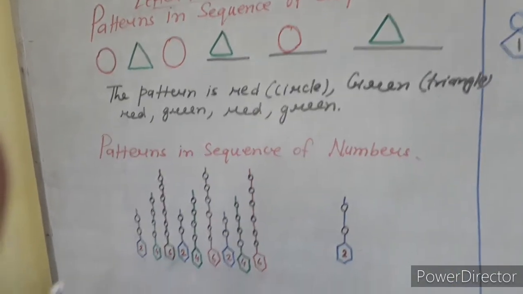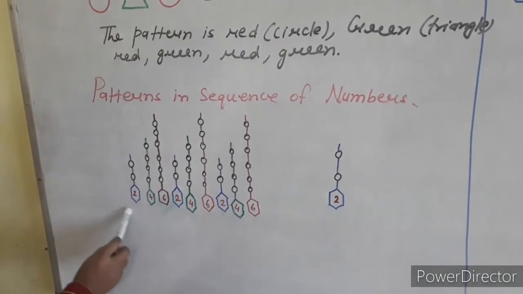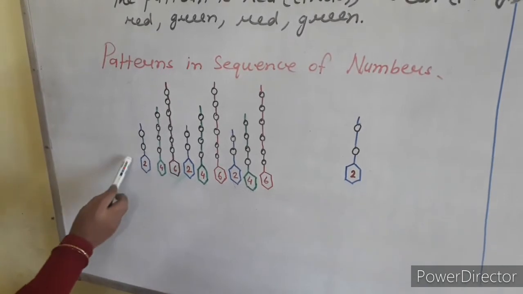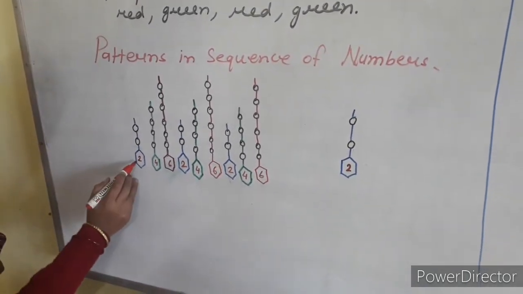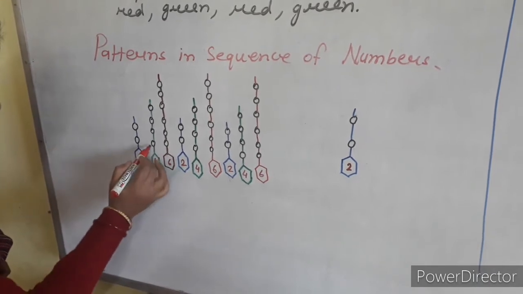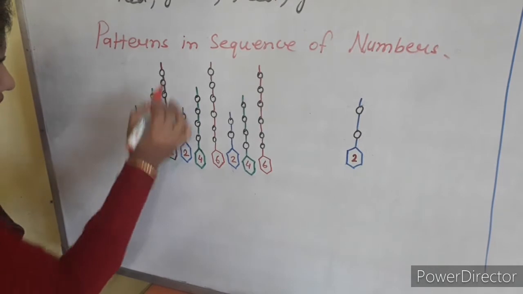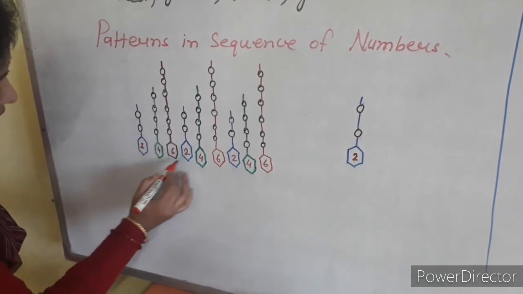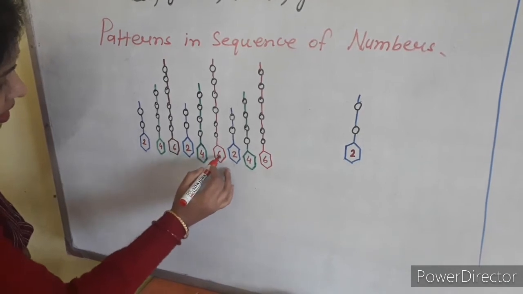Okay. Now patterns in sequence of numbers. Here I have drawn some beads. In the first you can see there are 2 beads. After that 1, 2, 3, 4, 4 beads. Then 1, 2, 3, 4, 5, 6, 6 beads. Again you can see 2 beads, then 4, then 6.